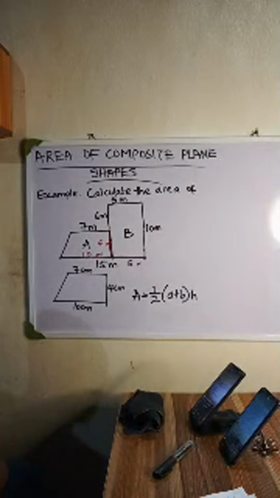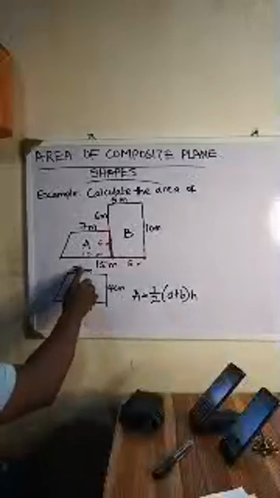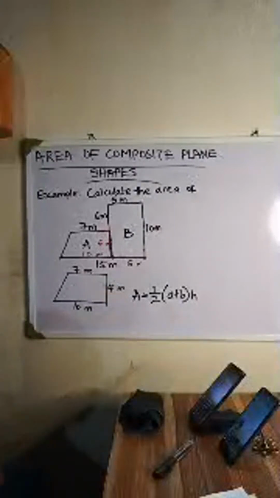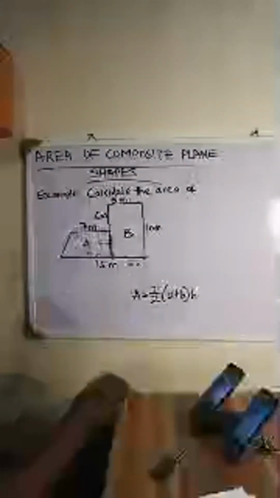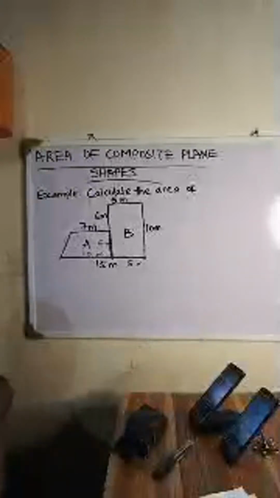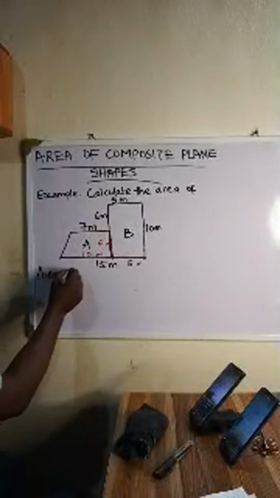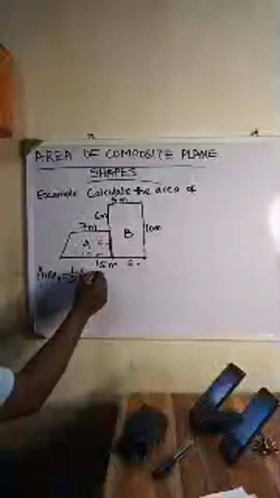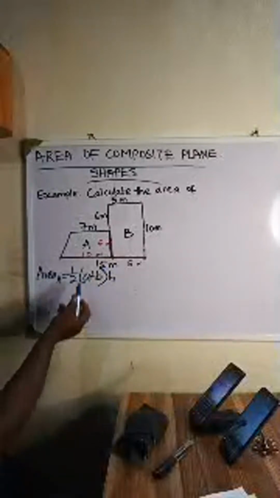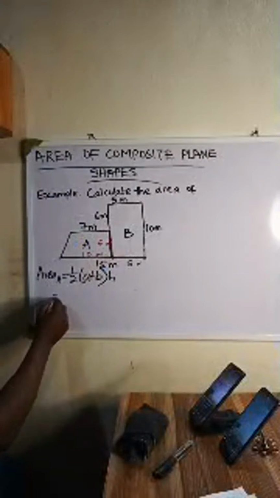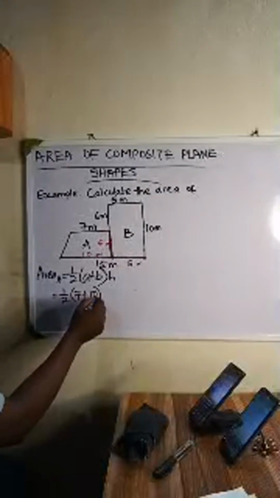Ross on TikTok says the total answer is 90 meters. Oh, I'm still using centimeters. I love centimeters. Okay, so let's apply that. So area A is equal to half (A plus B) times height. We know that our A is 7, so half of (7 plus 10) times 4.